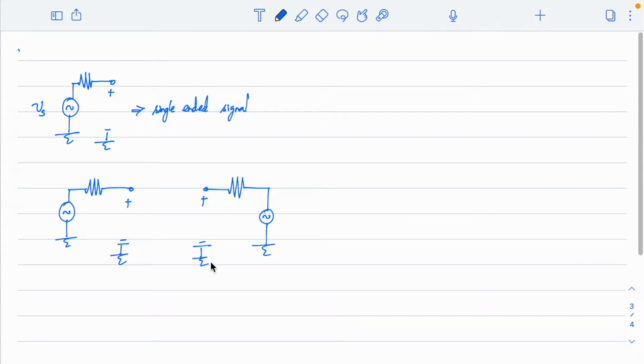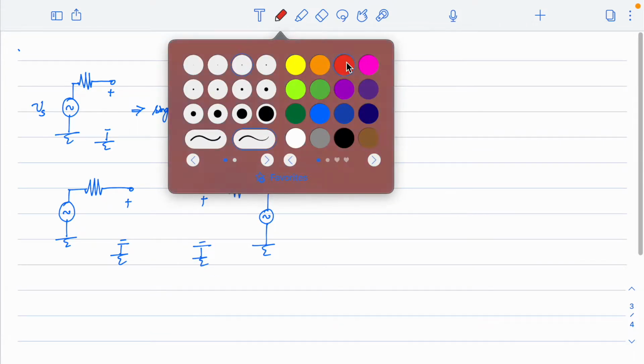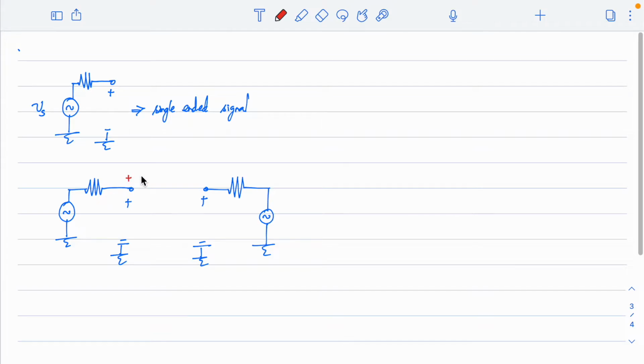But now if I am measuring the voltage across these two terminals, say I am considering this as plus and minus, and I measure between these two terminals, we call this a differential signal. What is the meaning of a differential signal? We are not measuring any voltage with respect to ground, a common reference point. Instead, we are measuring between 2 points.